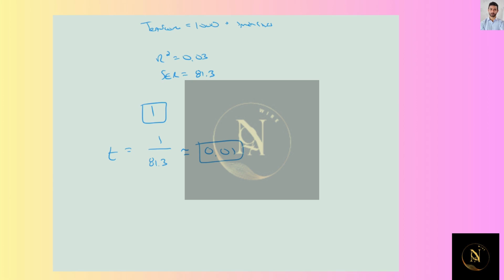And the p-value, you can use a t-distribution or use a p-value calculator. This is going to be two-tailed, so a t-score of 0.01 with the degrees of freedom.